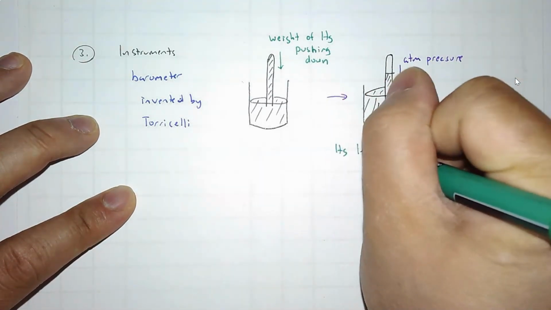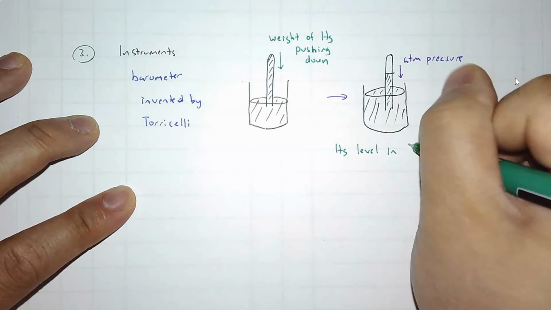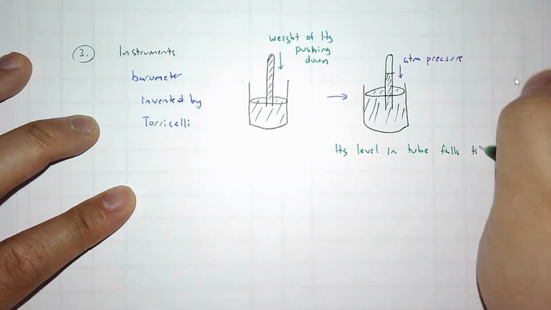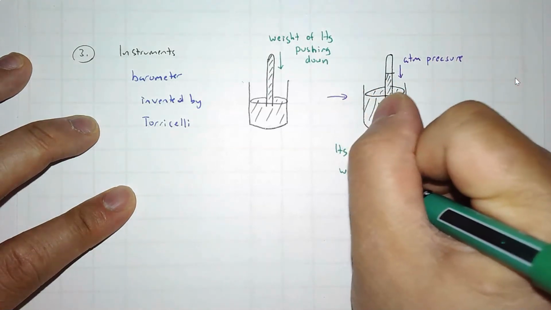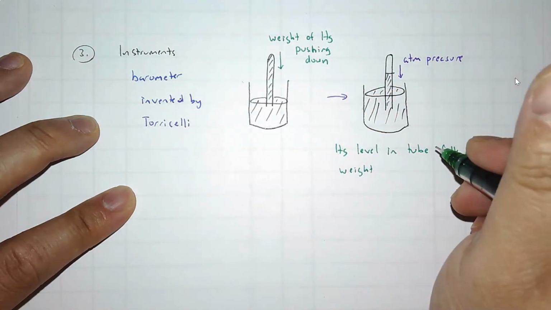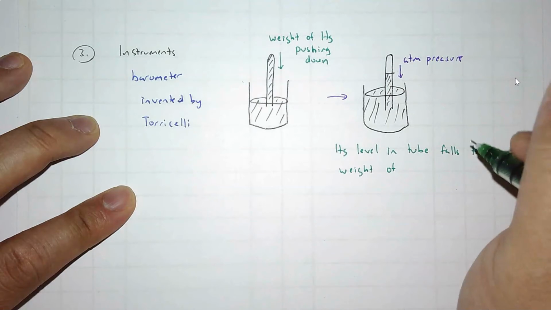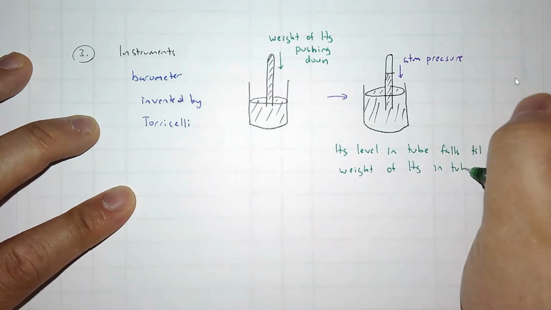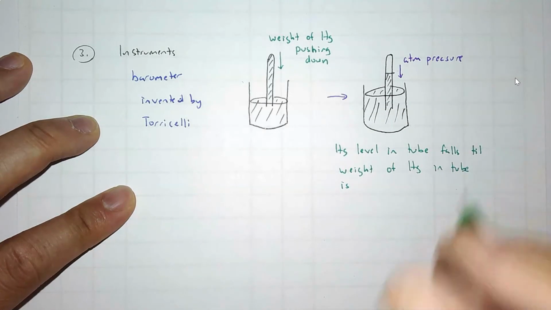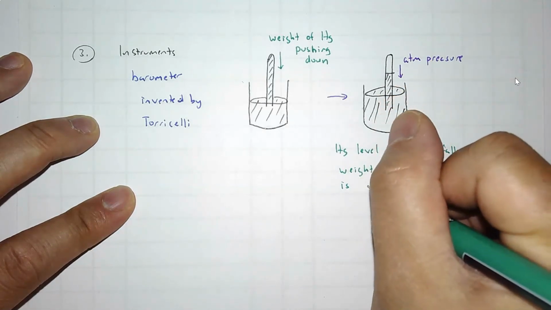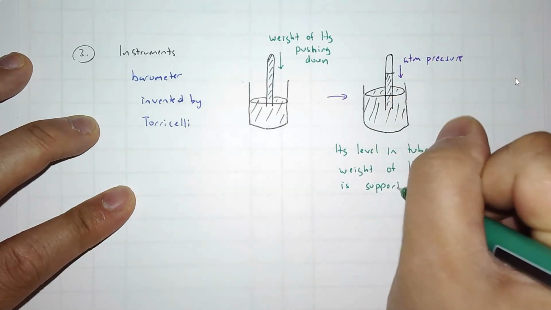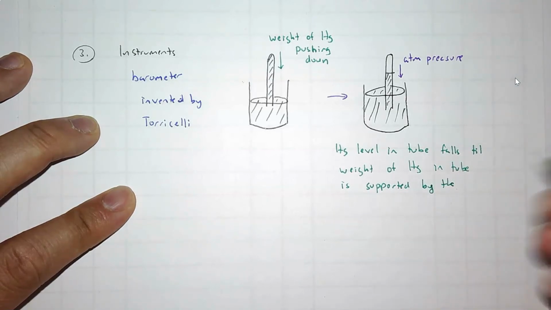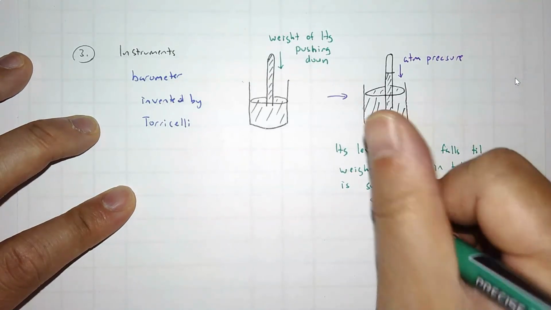So the mercury level in the tube falls till the weight of Hg in the tube is, and this is the important part, supported by the pressure of the atmosphere pushing back.